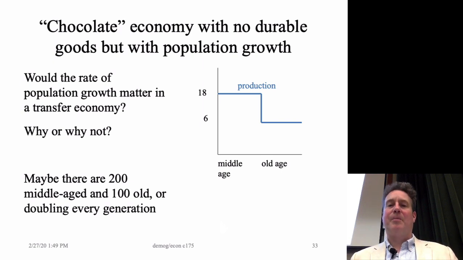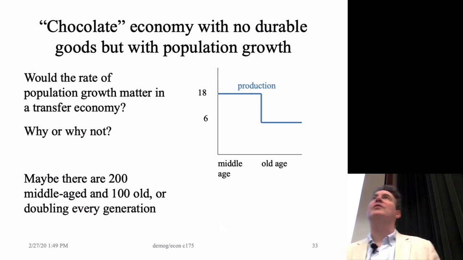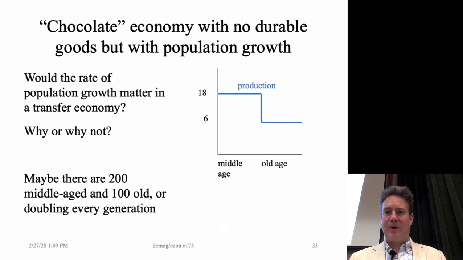If you've got a pension system that is transferring resources from current working age people to older people, then a higher rate of population growth means that you've got a younger age structure. That's one way of thinking about it. You've got more entrants into the labor force who are then paying these taxes that are then redistributed to old people. So let's suppose we compare these two worlds in which there are 200 middle-aged people per 100 middle-aged versus the same size.